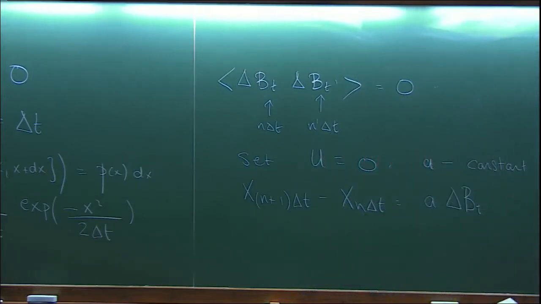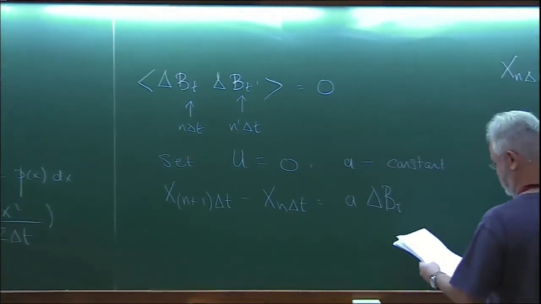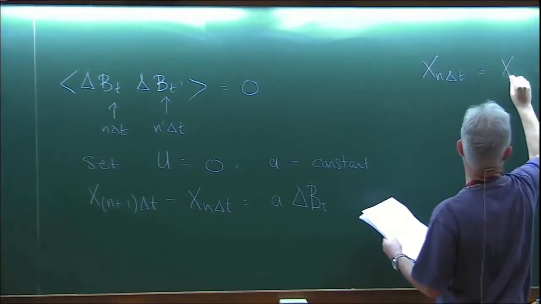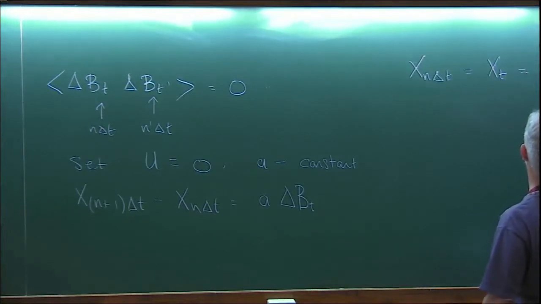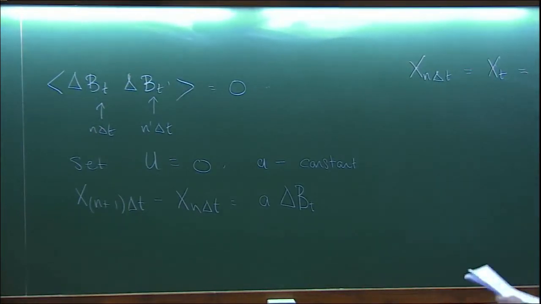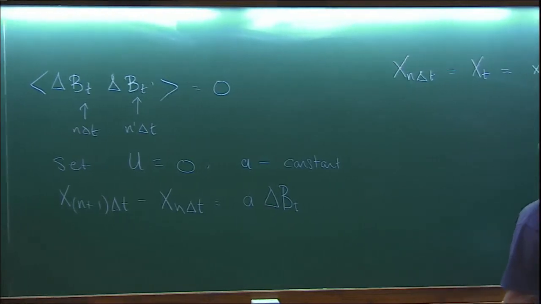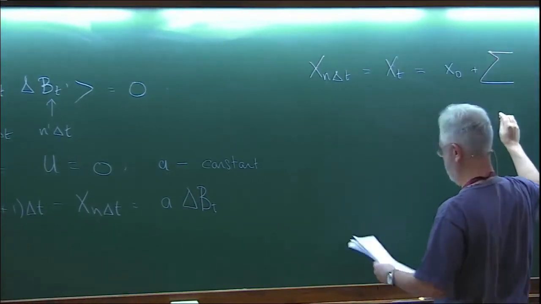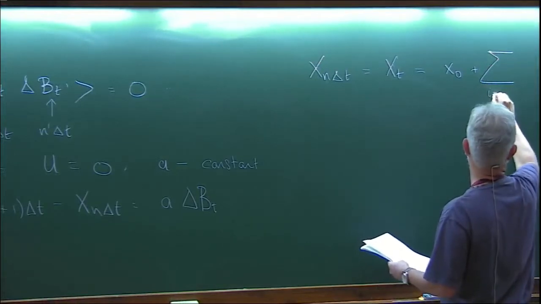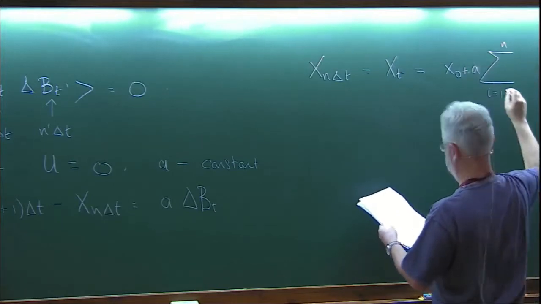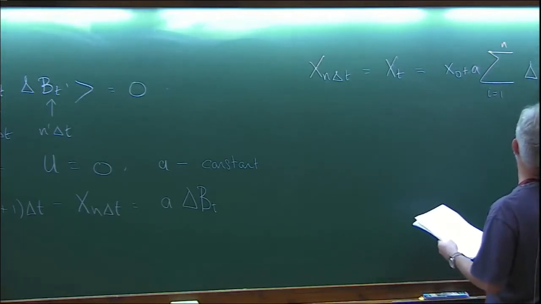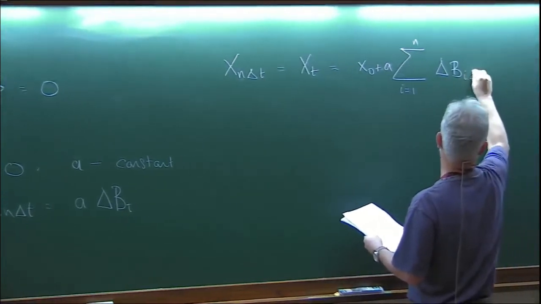So that equation I can actually solve easily. I can just sum it up, and what I'm going to find is that x_n of delta t, which is equal to x of t in my notation, is equal to x0, the starting position, plus all I've done is added up these Brownian increments from i equals 1 up to n, with a factor of a in front, and I have my delta B, the noise at the time i delta t.